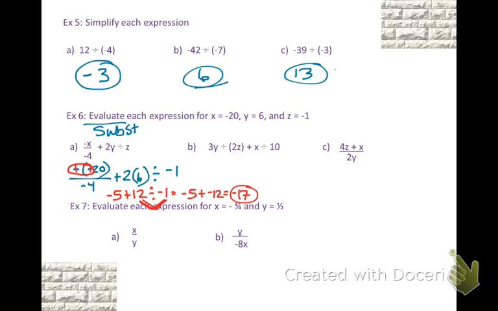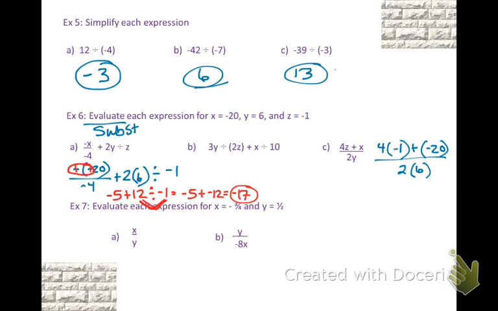I'll have you do B on your own, but I'll do C with you right now. So it's going to be 4 times negative 1 plus negative 20 over 2 times 6.